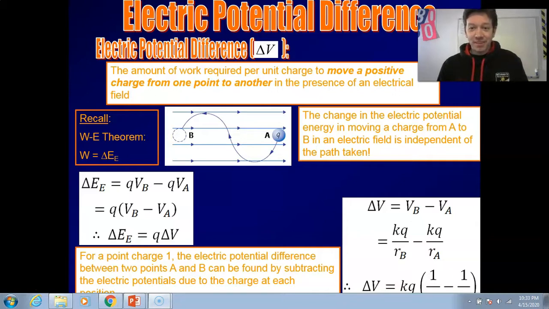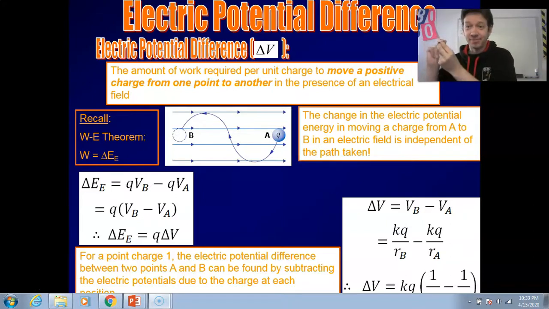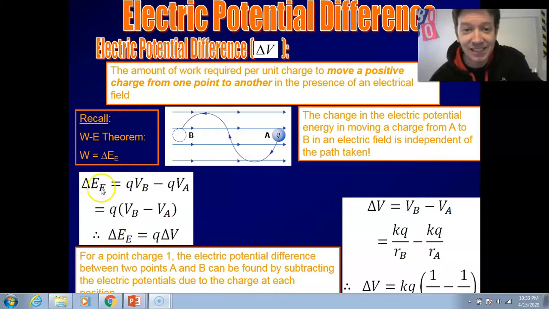So be very clear when you write a capital V or a lowercase v. Now, since it's not a vector, the path we take doesn't matter. If there's a certain potential here and a certain potential here, how you get from here to here doesn't matter. You can go a straight line, or come back around and then come here. The potential difference will still be the same. Now we can write this as a change in energy, and that'll be the work done.